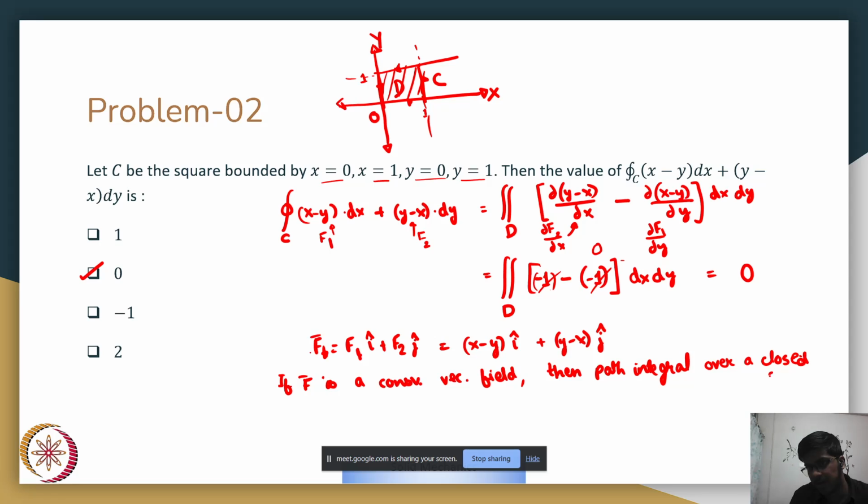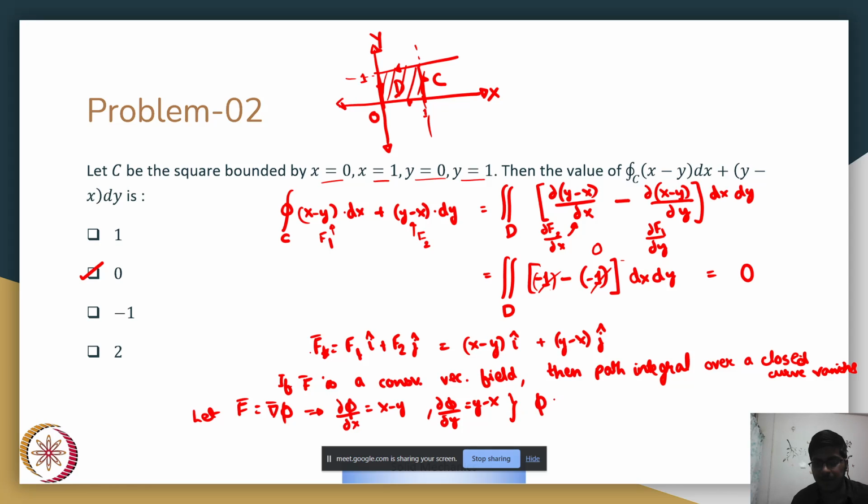Then it vanishes. So one can wonder if in our case also vector F is equal to some grad of phi. From this, if you do the calculation and figure out phi, you basically have ∂phi/∂x equal to x minus y, and ∂phi/∂y equal to y minus x.